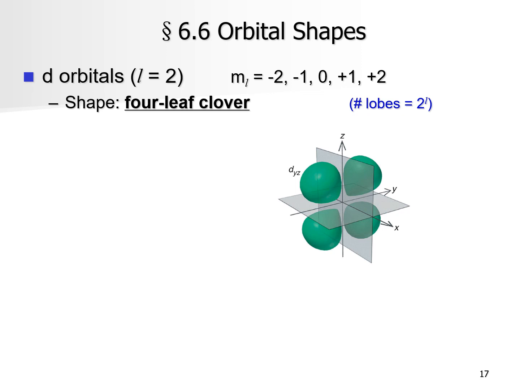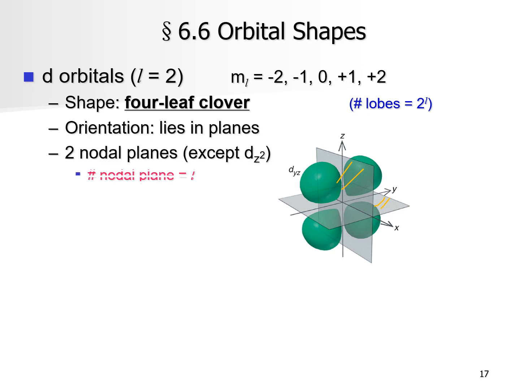One way to understand it is that we cut the piece of watermelon twice, one horizontal and one vertical. That's why we get four pieces, four lobes. Speaking of orientation, most of the d orbitals lie in a plane.